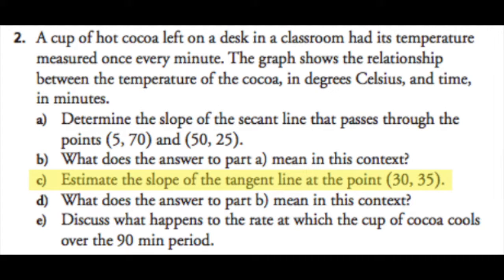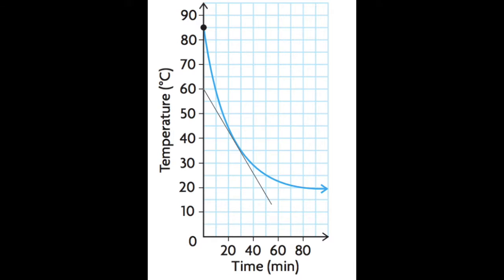Question C asks, estimate the slope of the tangent line at the point (30, 35). So what we're going to do first is find a point near or on the tangent line. So I drew the tangent line at x equals 30 and y equals 35, and I can see that the point x equals 10 and y equals 50 is also very close to that tangent line.